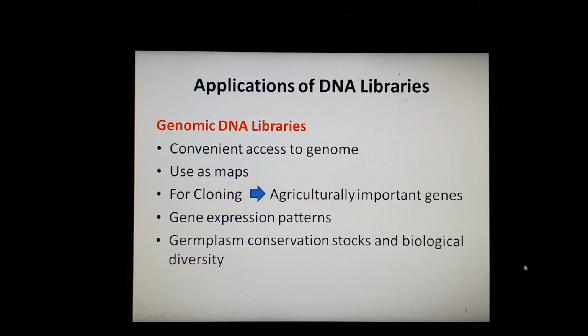Genomic libraries can be used as a substrate to physically map and sequence entire genomes, number one. Number two, they can be used to clone agriculturally important genes and to investigate gene expression patterns. Furthermore, genomic libraries also provide powerful tools and resources for evaluating germplasm, conservation stocks and biological diversity. So these were some of the applications of the genomic DNA libraries.